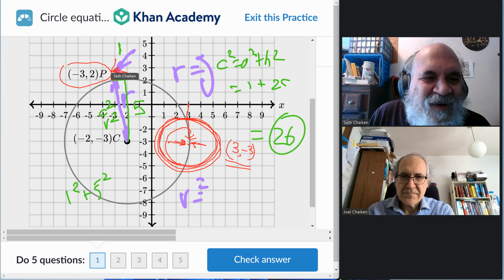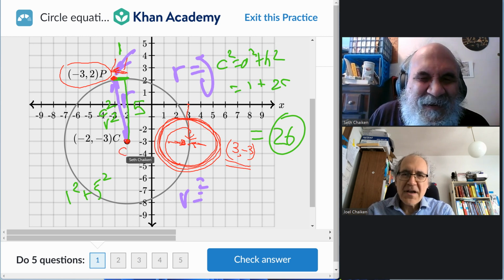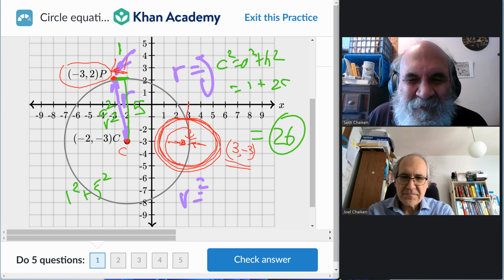One integer coordinate step to the left of point C. Right, I saw my eye was led to the two points that they told me are on the circle, and I noticed that the line between the two points, which is guaranteed to be a radius, was not vertical or horizontal.